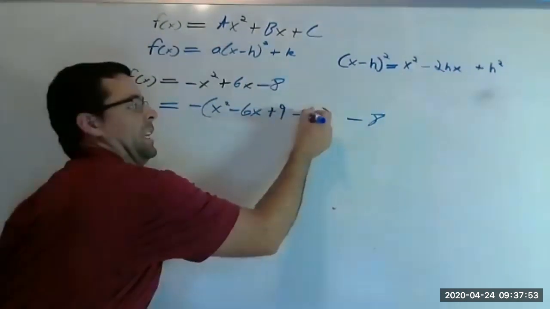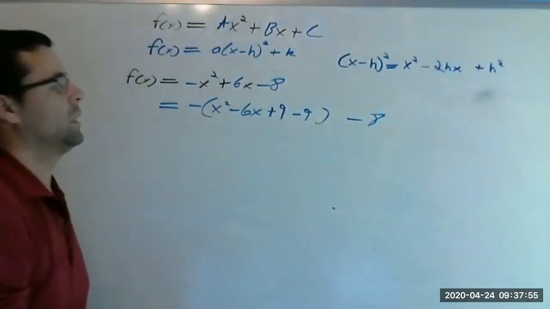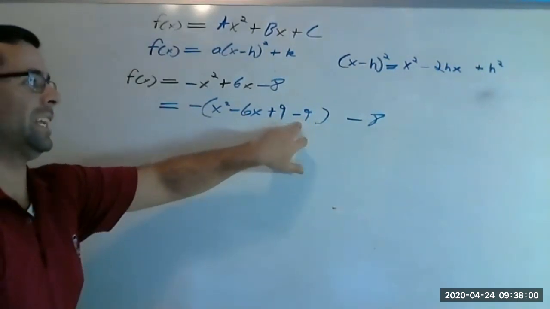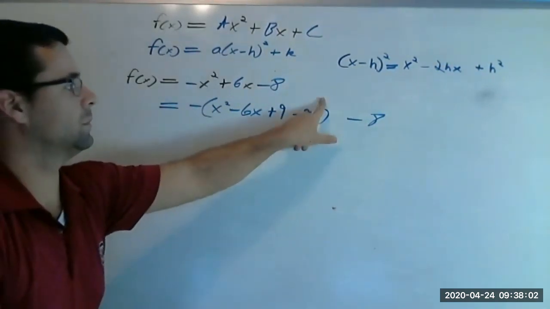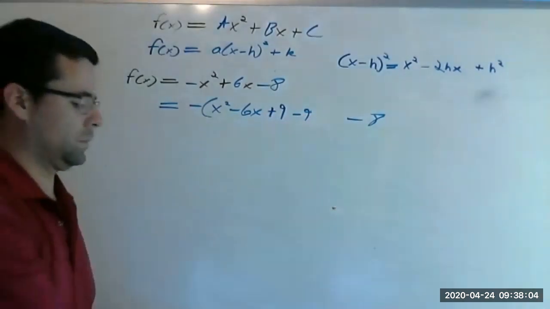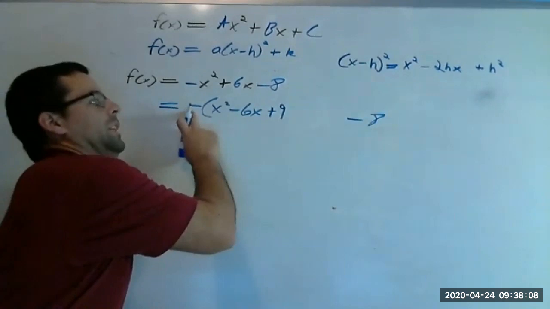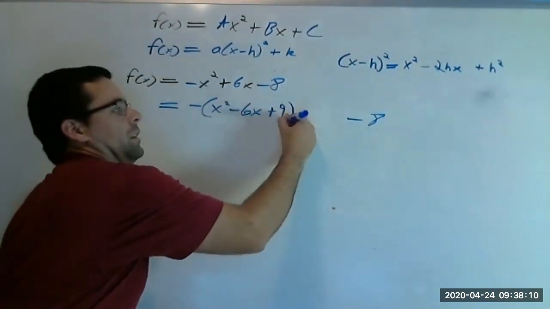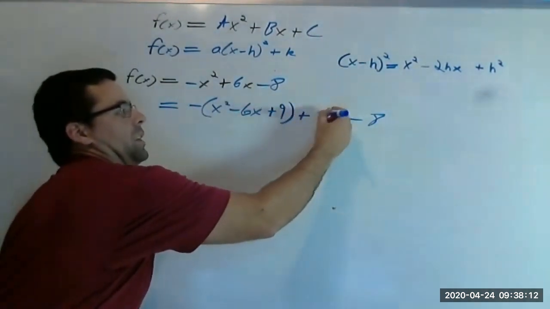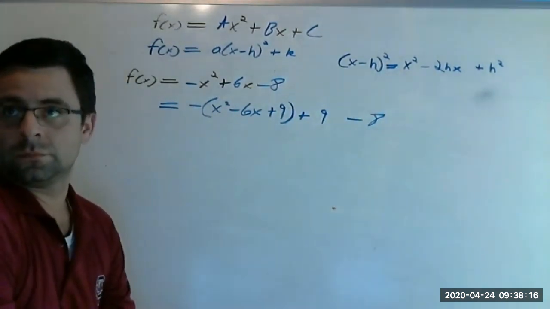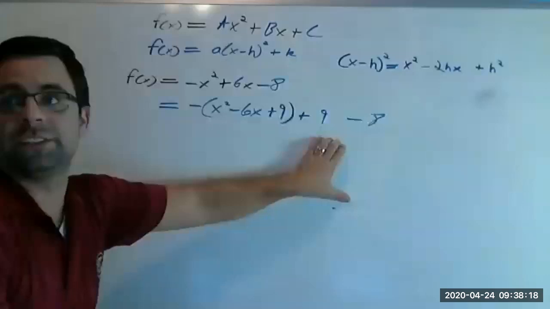So it's plus 9 and minus 9. But we need to take this extra 9 out. When we take it out, you have to give it this thing, and that becomes plus 9. So what is 9 minus 8?